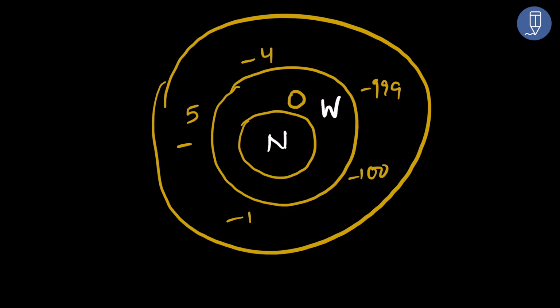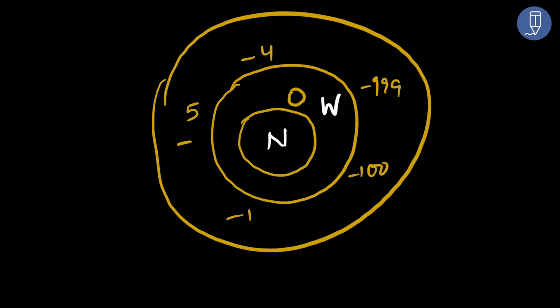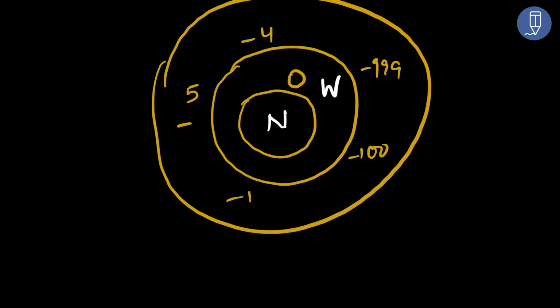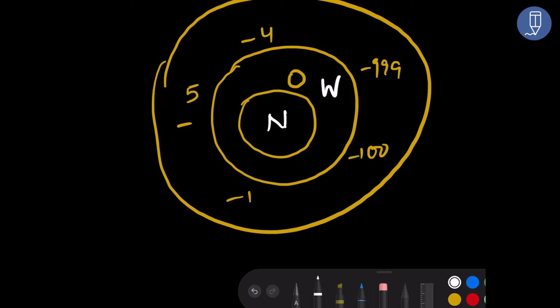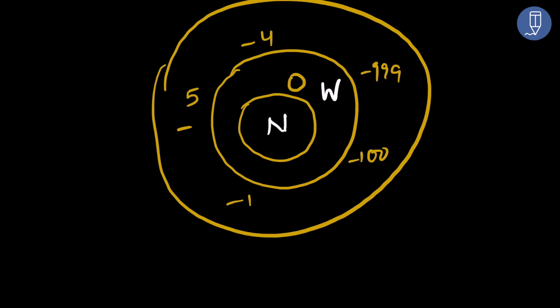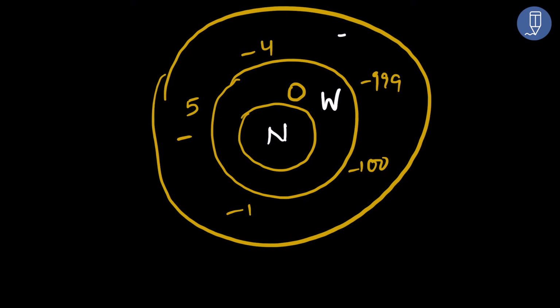This big circle has all the negative numbers inside. It has all the whole numbers inside, all the natural numbers inside it. So this big circle becomes the circle of integers.